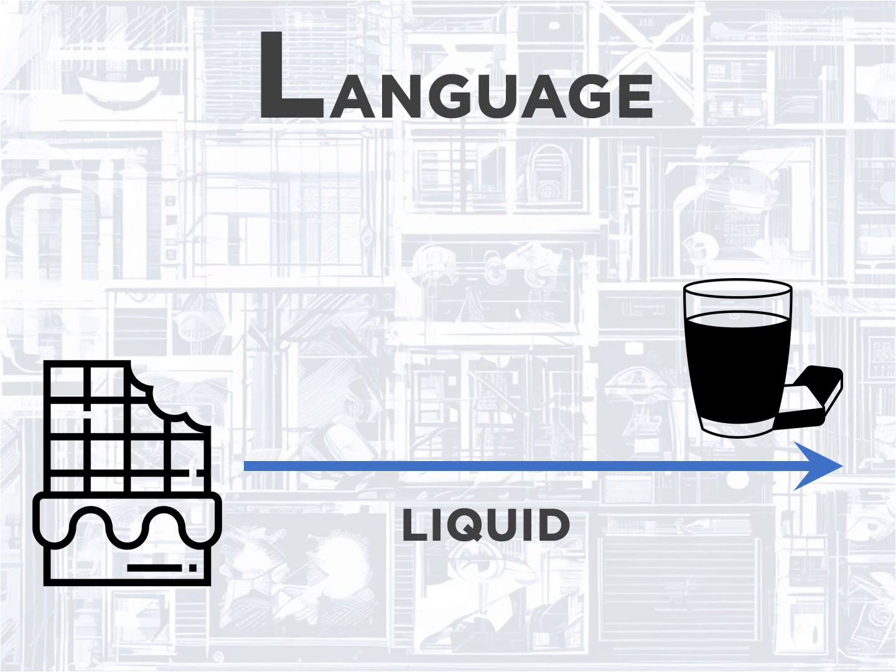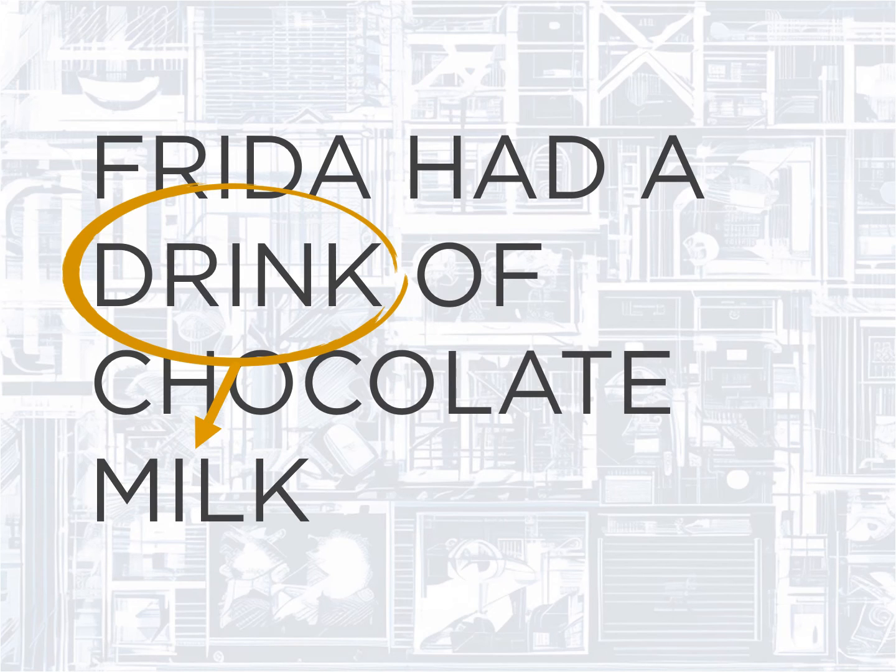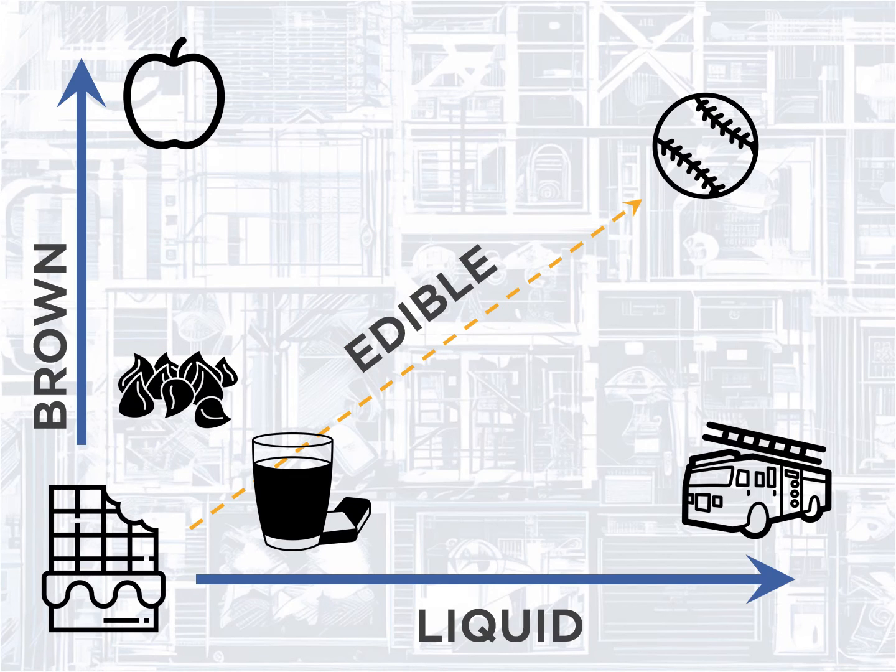On the other hand, if you ask ChatGPT what kind of chocolate did Frida drink, it might spot the word drink and then look from chocolate along the liquid dimension and find that the nearest word in that direction was milk. But let's suppose we're starting with chocolate and looking along both the brown and liquid dimensions.